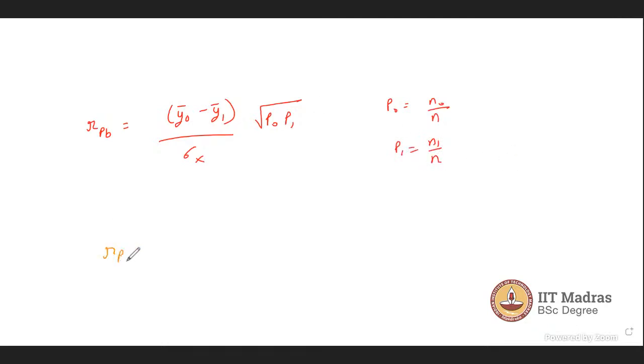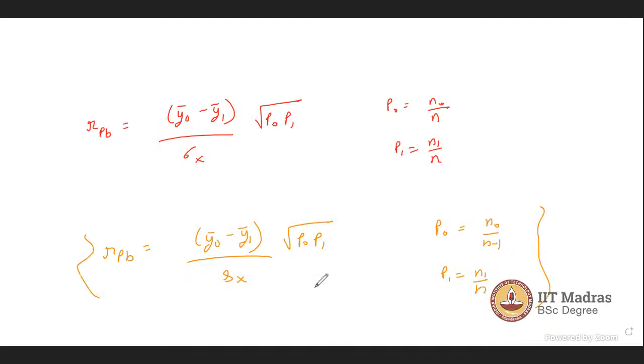In ma'am's lecture, it's the sample standard deviation in the denominator. Okay, that's also correct, but for that you take this. So try to use that and keep these things as simple as possible.